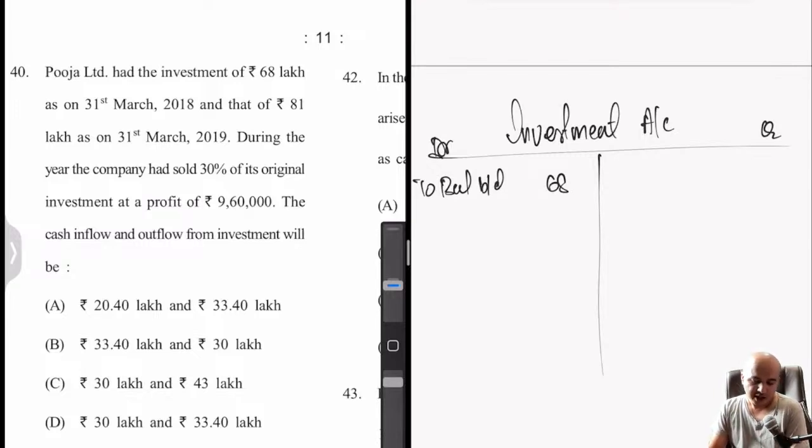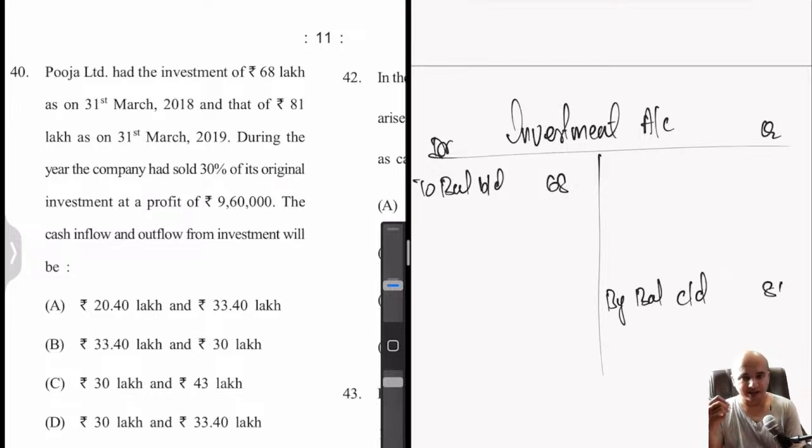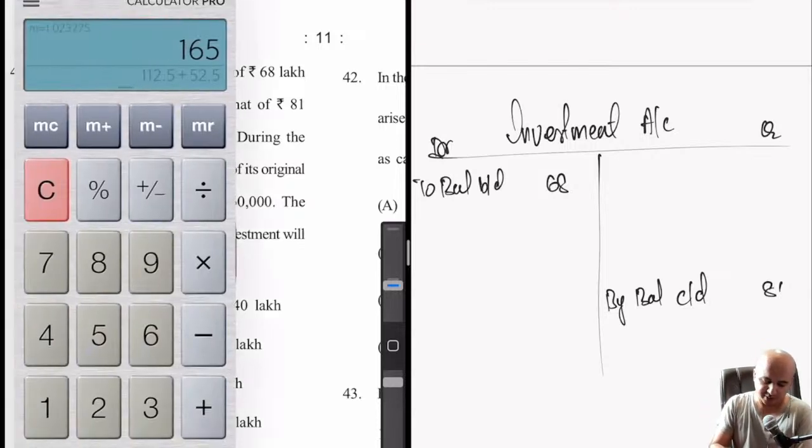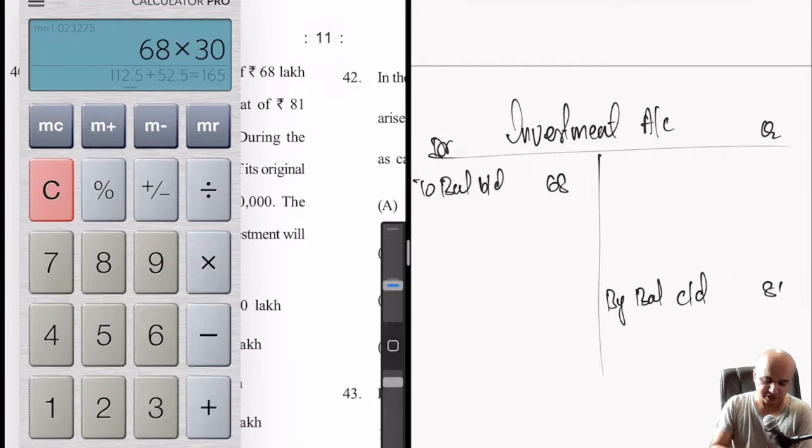And the closing balance according to them is 81. So by balance carried down would be 81. Then during the year, the company had sold 30% of its original investment at a profit of 9,60,000. So 30% of its original investment means 30% of the balance brought down. So how much would that be? 68 lakhs into 30% will be 20.4.